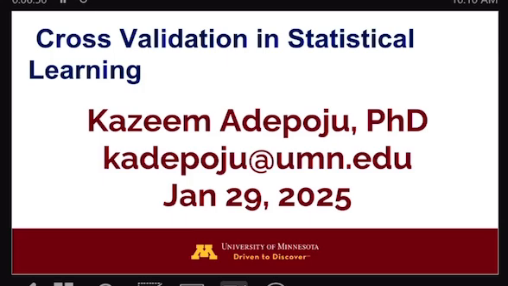The metric of evaluation for model performance that we use when we are explaining is actually different from when prediction is the goal. So today, we want to go into the method that we use in evaluating the performance of our model, that we call cross validation, in statistical learning.